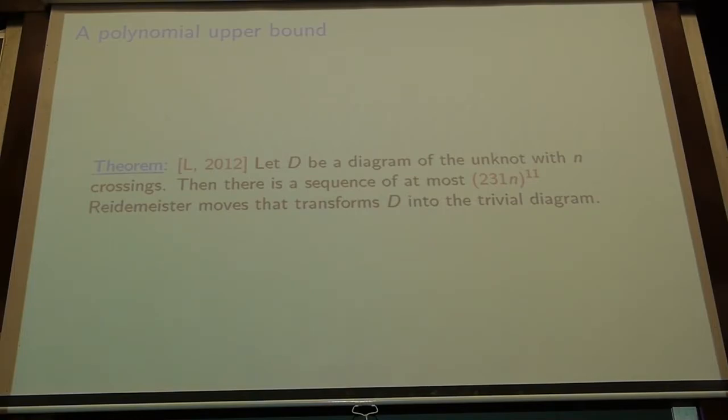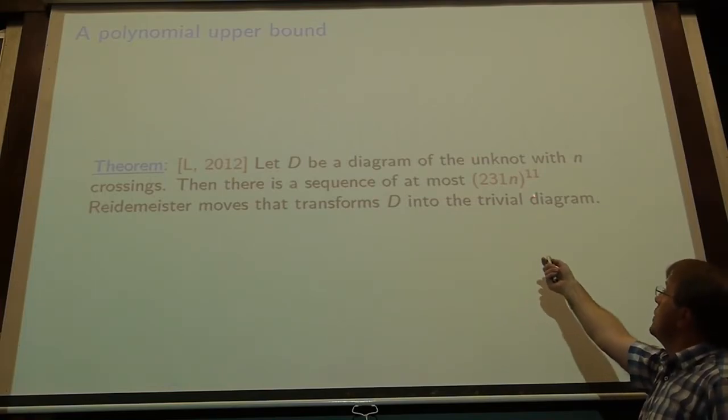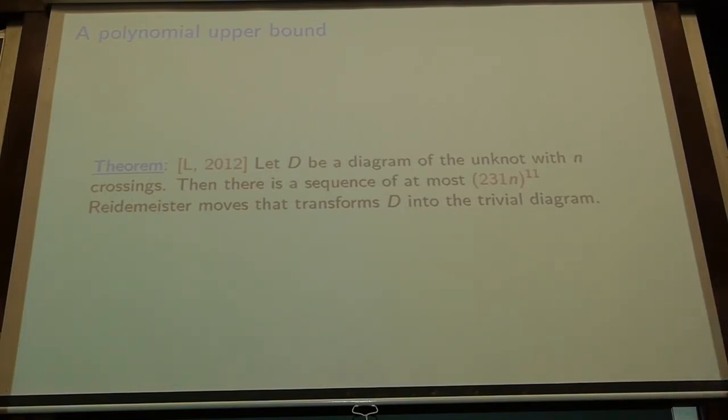If you have a diagram of the unknot with n crossings, then there's a sequence of at most 2 to the 31 n to the power 11 Reidemeister moves that transforms it into the trivial one. It's a fairly big number, and that's a sign of the complexity of the proof.